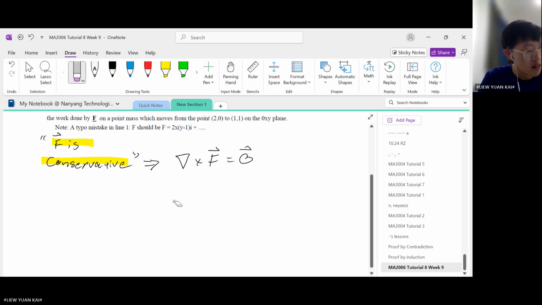So what's so important about conservative force fields?